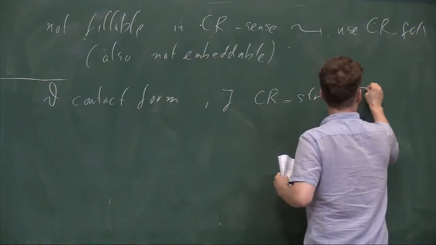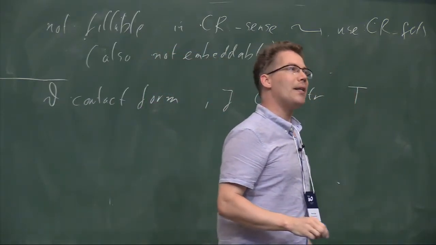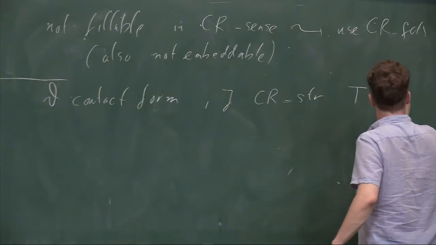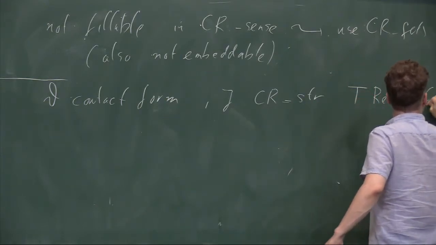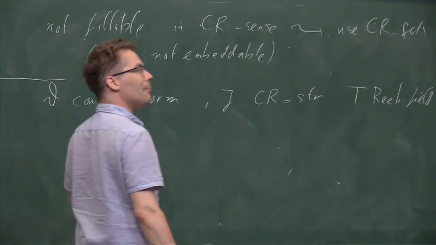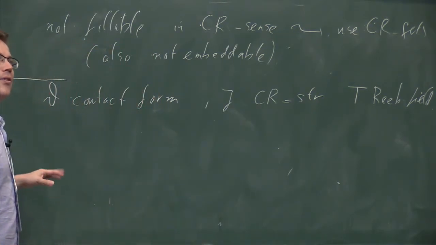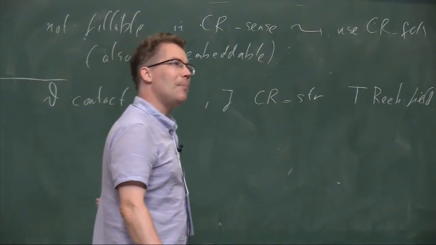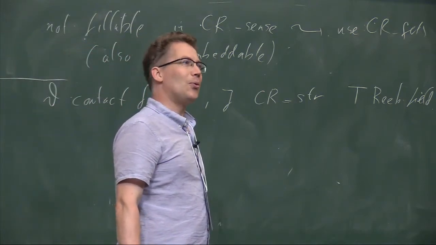I will denote the Reeb field by T, because I will also use scalar curvature, and then it becomes a huge mess. In this CR business, people denote the Reeb field by Xi, but I don't want to torment you with that.